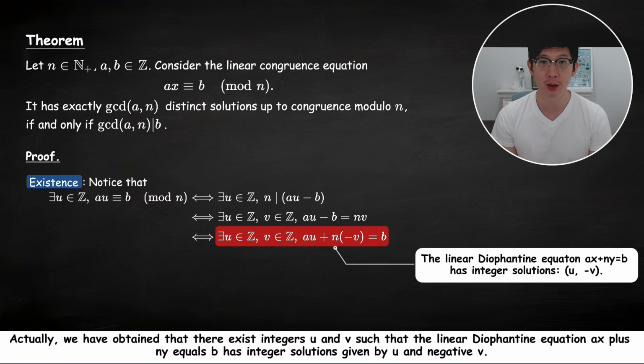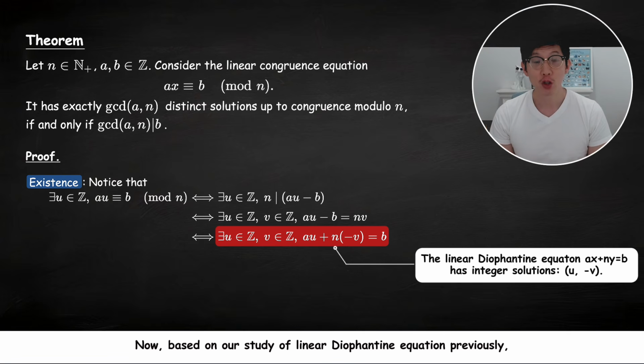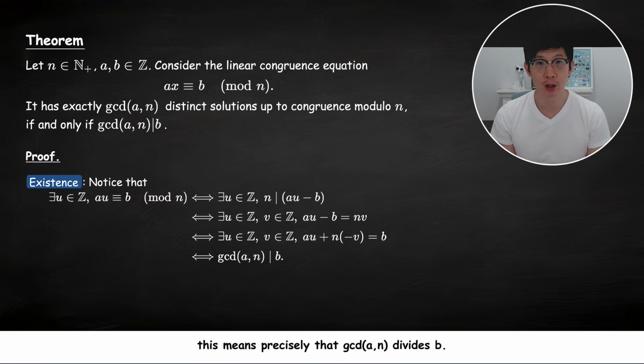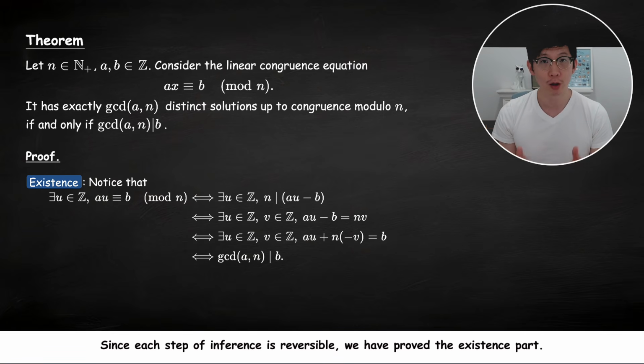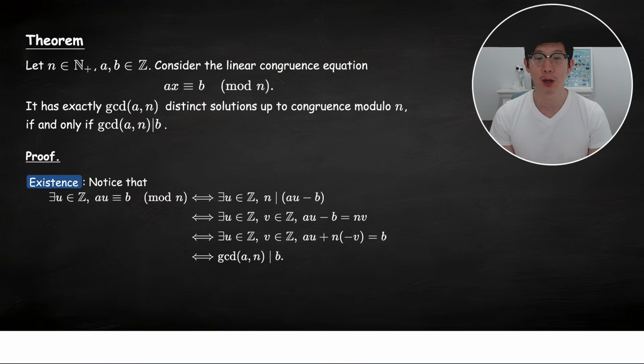We have obtained that there exist integers u and v such that the linear Diophantine equation ax + ny = b has integer solutions given by u and −v. Based on our previous study of linear Diophantine equations, this means precisely that gcd(a, n) divides b. Since each step of inference is reversible, we have proved the existence part.